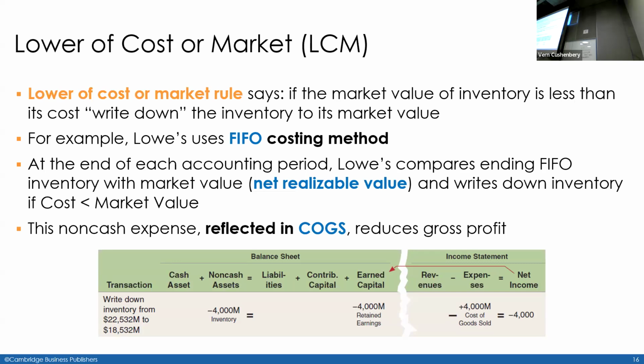You would see the accounting entry posted as a loss on write down of inventory. So that would be the expense that posted through to your income statement, and that would reduce the cost of goods sold in that particular instance.